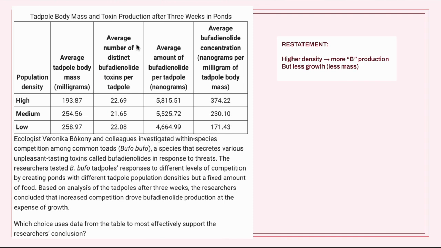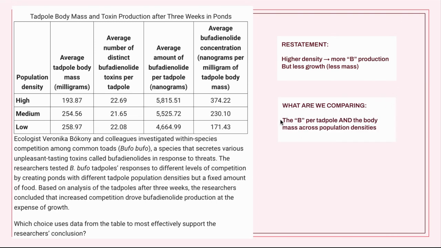And then the number of distinct toxins, it doesn't really talk about that, so we don't really have to worry about that. But if we're looking at the graphs, things that will interest us are the body mass, the average amount of this stuff per tadpole, and also the concentration, because these all tell us more about how much bufalene, however you say that, each tadpole is producing.